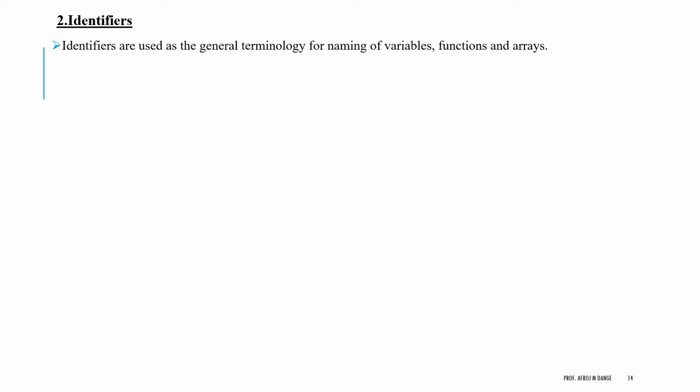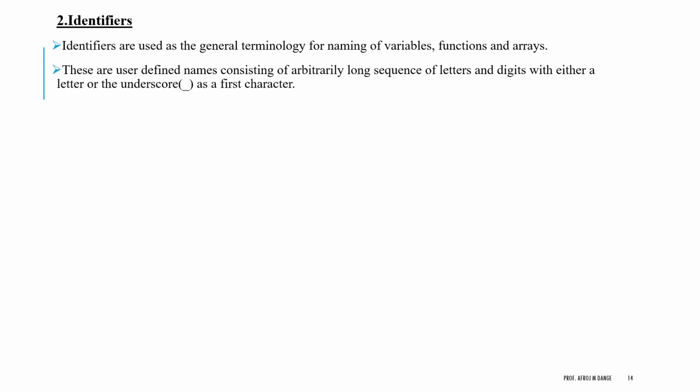If the identifier is not used in an external link process, then it is called internal, for example a local variable. If the identifier is used for external linkage, then it is called external, for example a global variable.